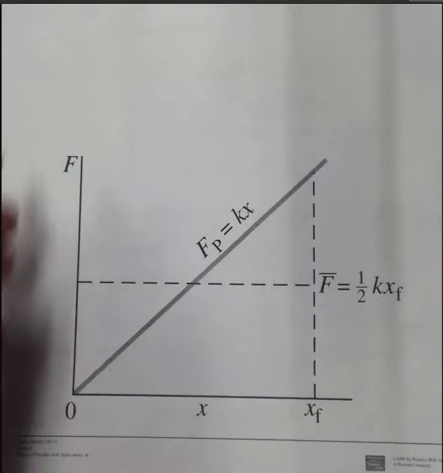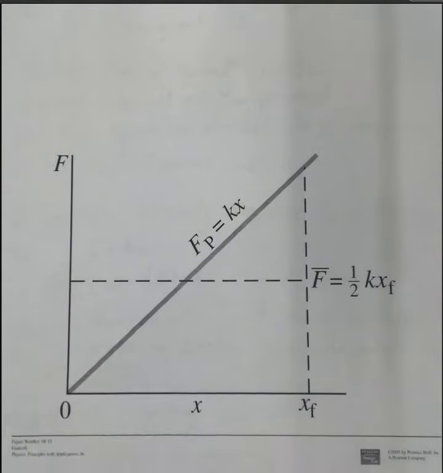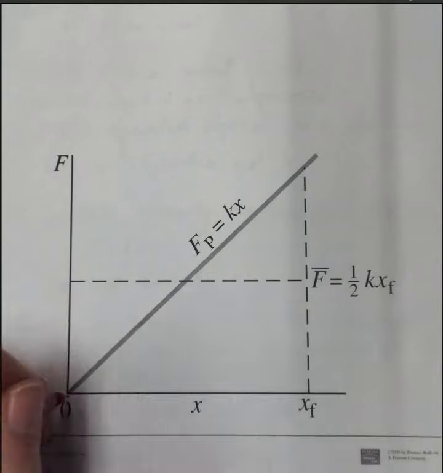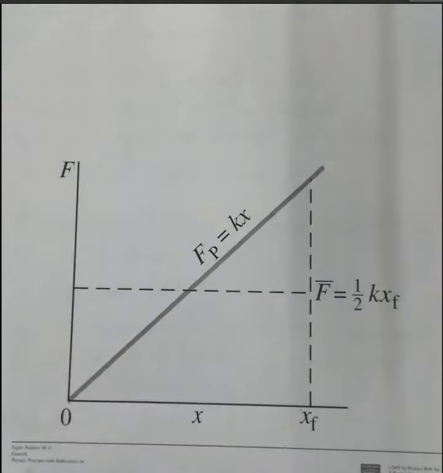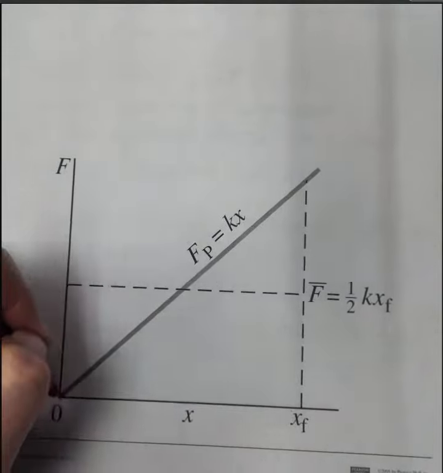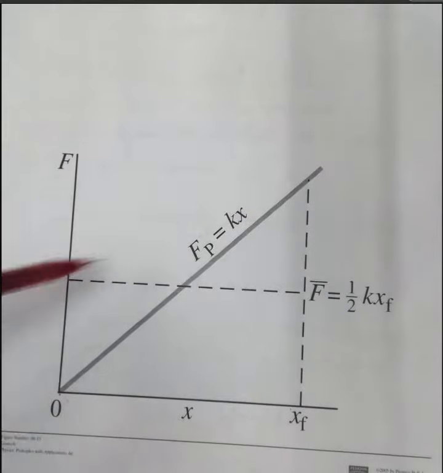And here it is. Here's the force dependent on the position of a spring. If we take a look at that, we can see that as the spring is compressed or stretched more, it's going to require more force to continue to stretch or continue to compress.